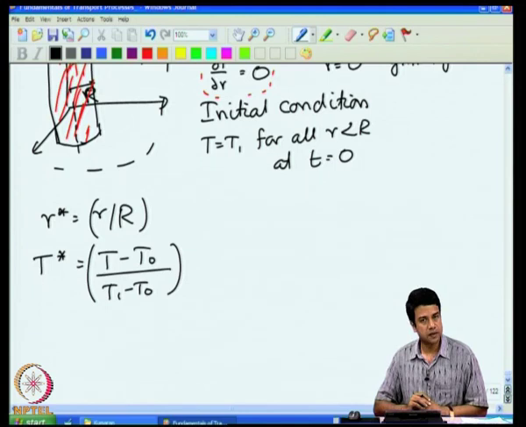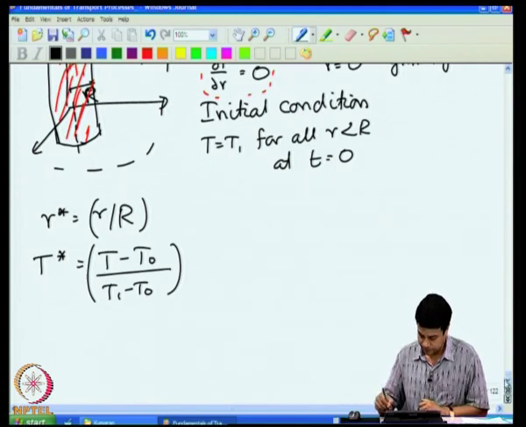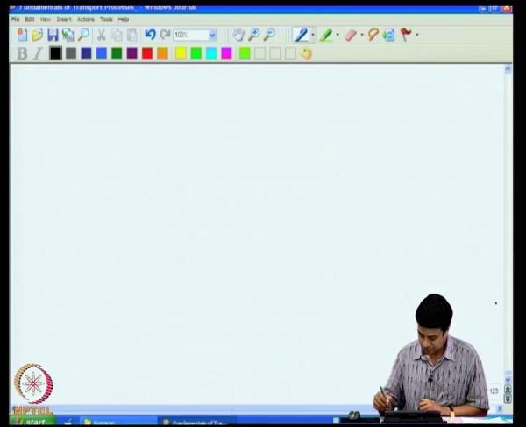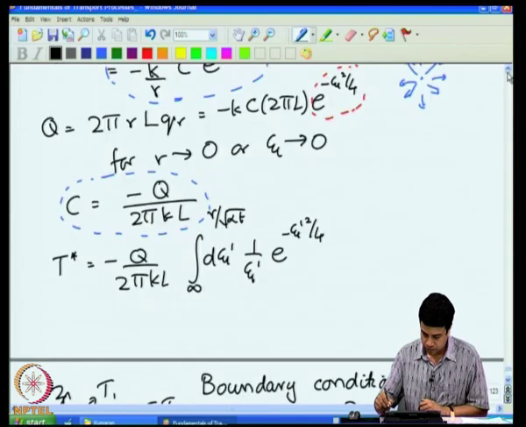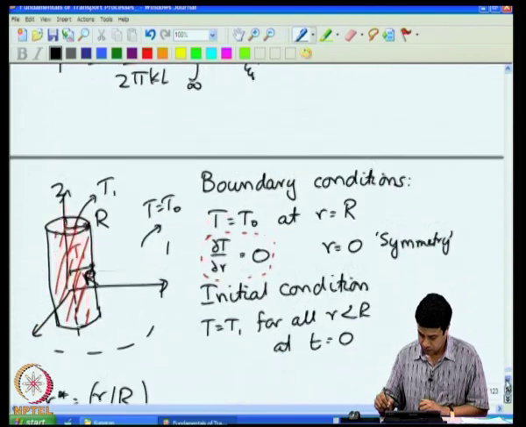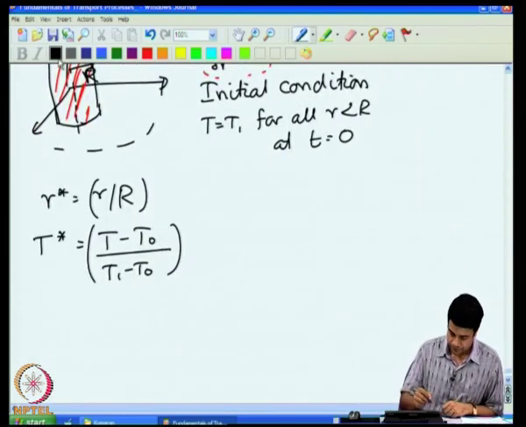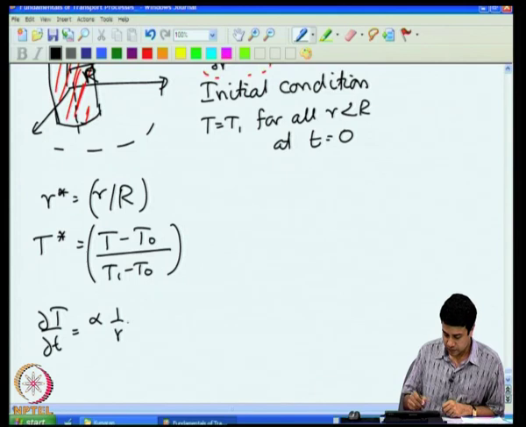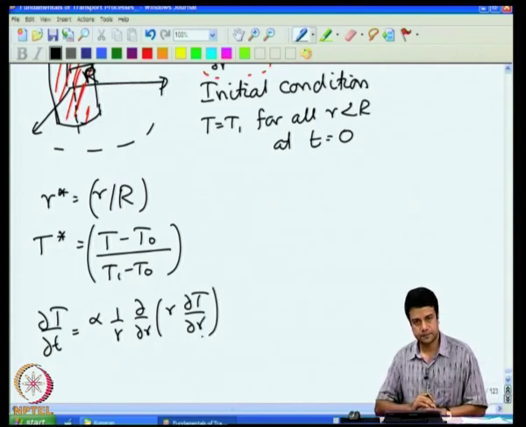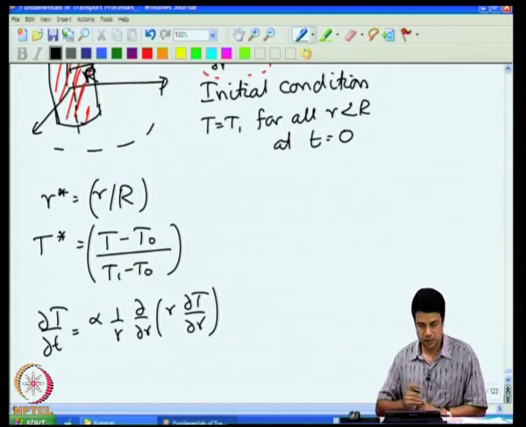My original governing equation was dT by dt is equal to alpha times 1 over r d by dr of r dT by dr, expressed in terms of T star and r star.